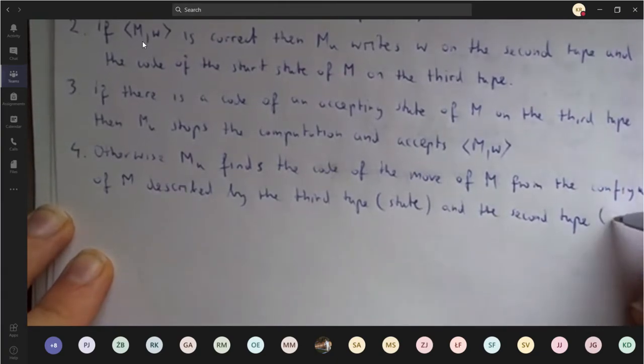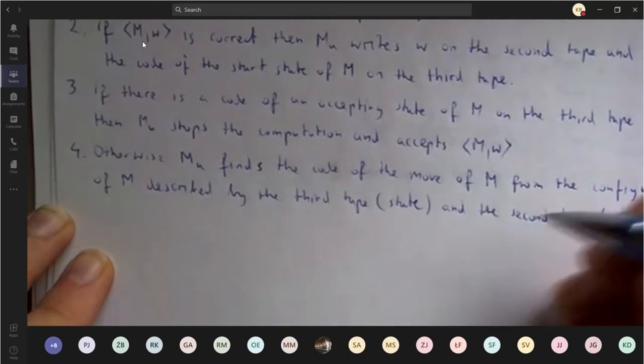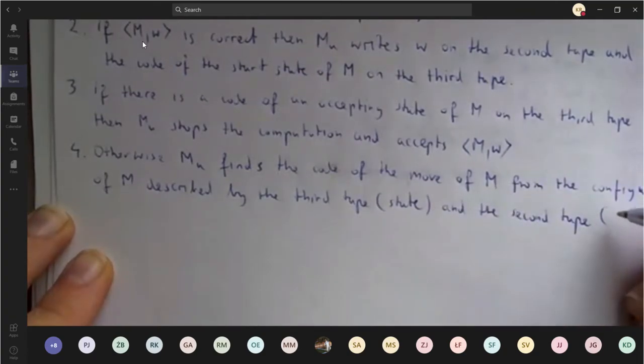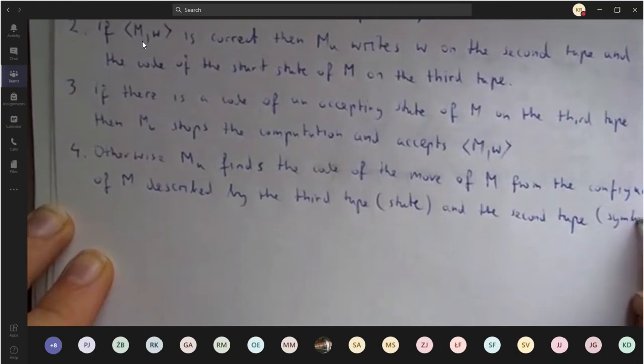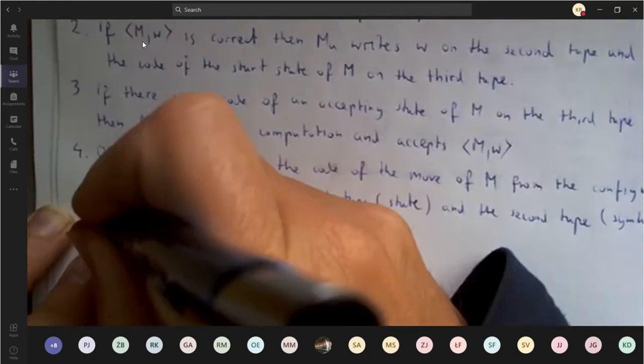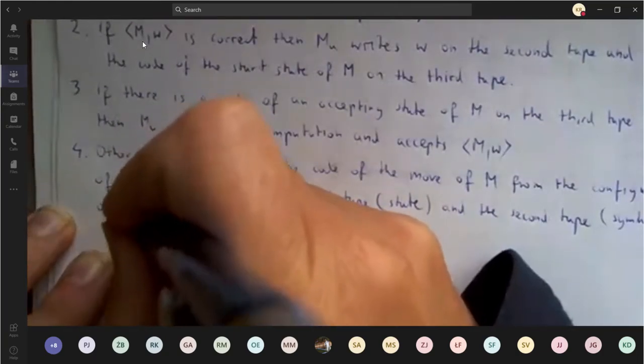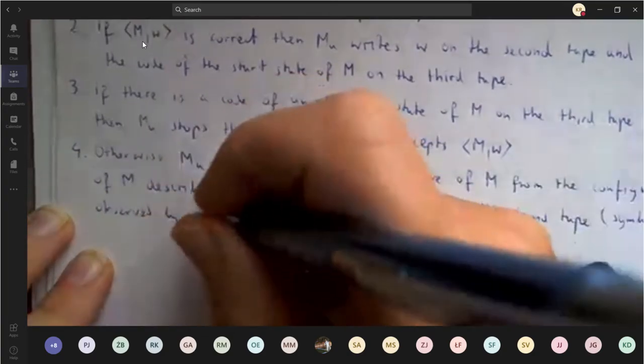So it is the symbol observed by the head.